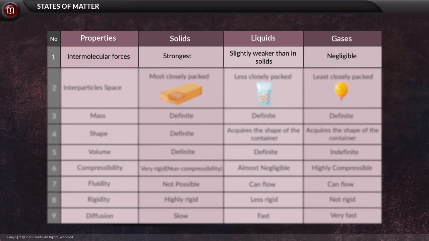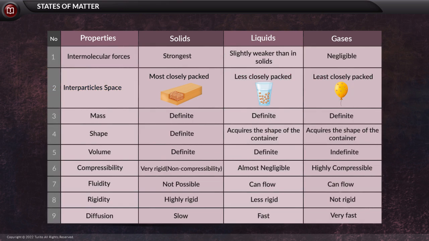The next one is the interparticle space. In solids, the interparticle space is very little. It is more in liquids and maximum in gases. Based on these two properties, we can understand their other properties as well.